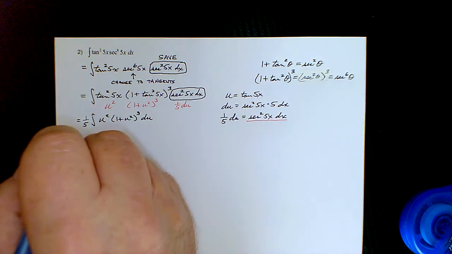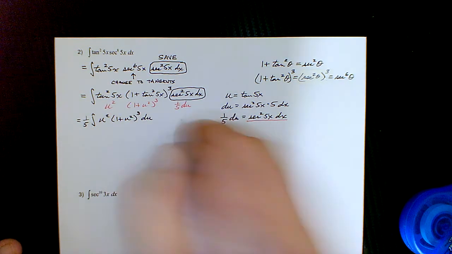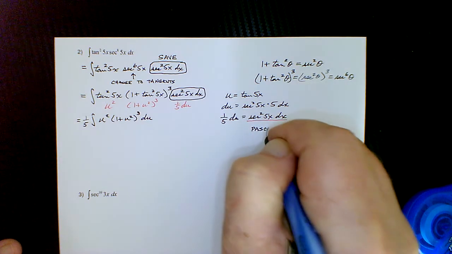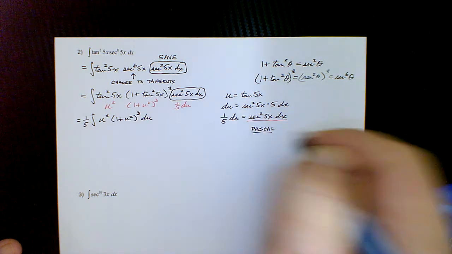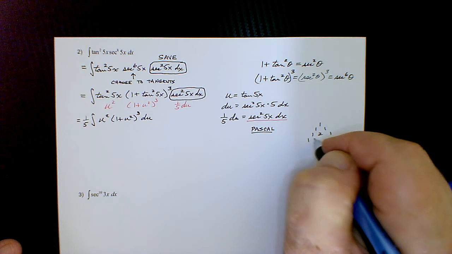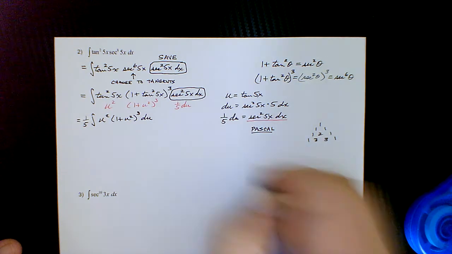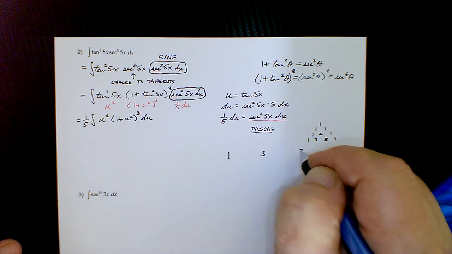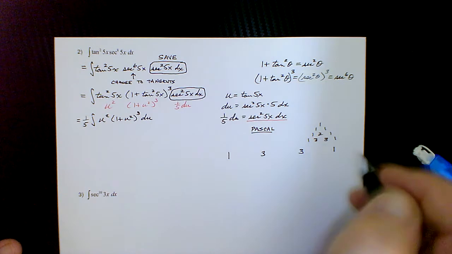So Pascal's triangle, binomial theorem. Actually, let me take it off to the side. So 1, 1, 1, 1, 2, 1, 1, 3, 3, and 1. So spread them out. 1, 3, 3, and 1.